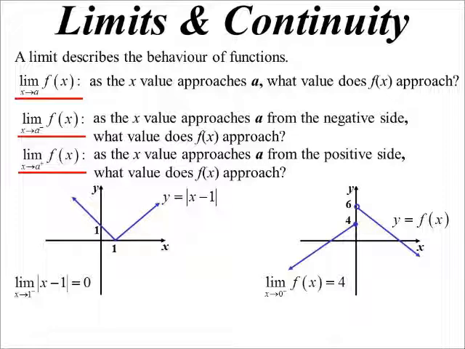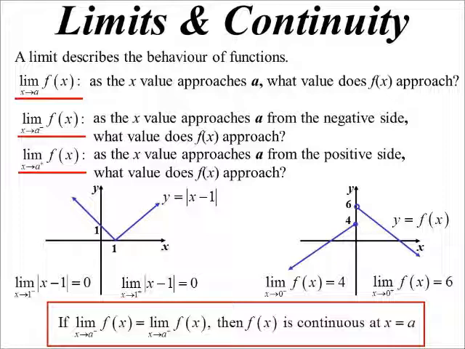If I look at it approaching from the positive side, over here on my absolute value graph, I get the same answer. It's still approaching 0. Whereas the one on the right-hand side, if I approach 0 from the right-hand side, it's approaching 6. Now notice it doesn't actually equal 6 because it's an open circle, but it's getting closer and closer to 6.